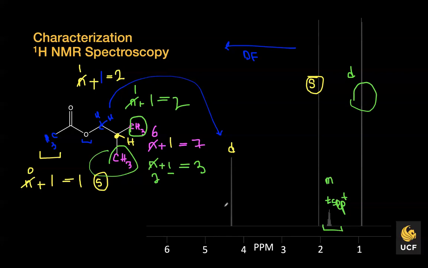What we typically do on a software when we're analyzing the data is that we'll integrate the area under each peak. And if we have a reference like TMS at 0 parts per million, we can assign, after we integrate, we know the number of protons, we can assign that to it.